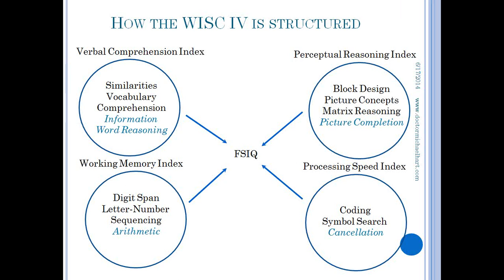What they found was that it made more sense conceptually and pragmatically to break out the tests measuring working memory and the tests measuring processing speed, because for kids in our population, kids who have dyslexia or other learning differences, their scores were so variable, particularly in working memory and processing speed, that it made more sense to pull them out because that was easier for us to drill down.